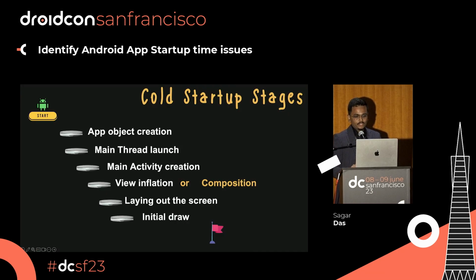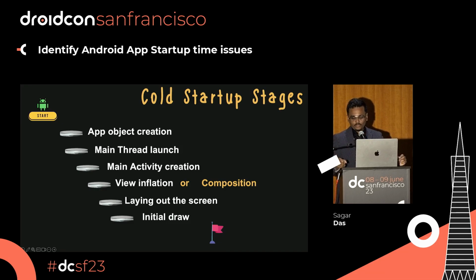So let's take a look at the different steps or stages involved in a cold startup. The very first thing the Android OS does is create an instance of your application, called the application object creation. It is responsible for managing the app's lifecycle and providing global resources.